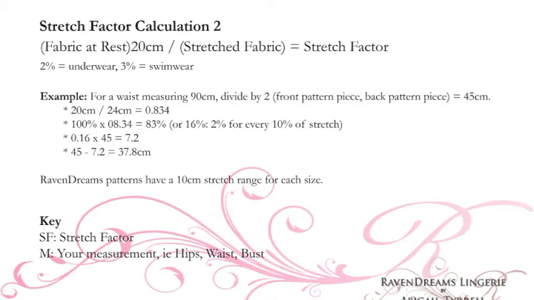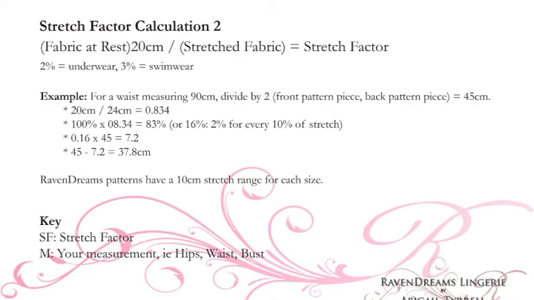So for example, you have a 90 centimeter waist measurement, you divide it by 2, so you have the front waist and the back waist of your pattern piece. Again, that's 45 centimeters. So 20 centimeters divided by 24 is a factor of 0.834. Now that you have your stretch factor, you want to turn it into a percent. So you multiply it by 100 and you get 83%.